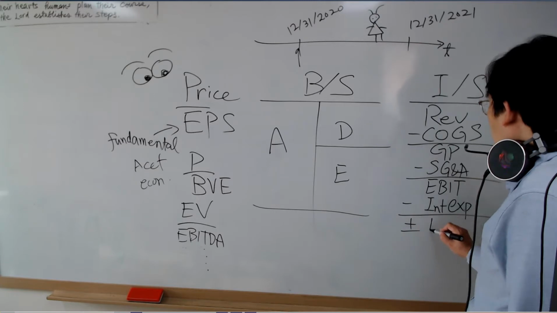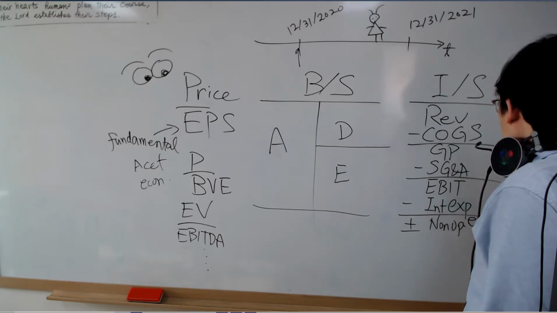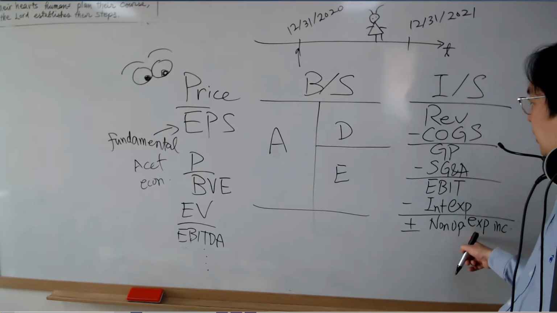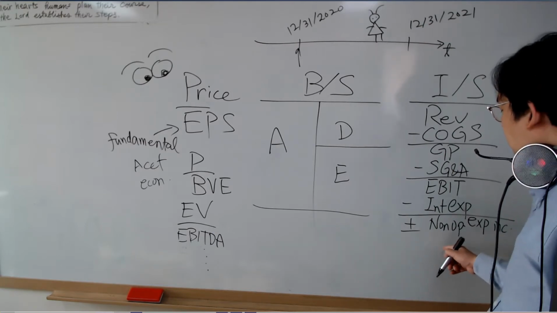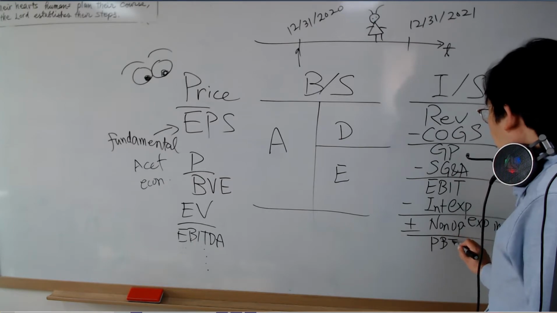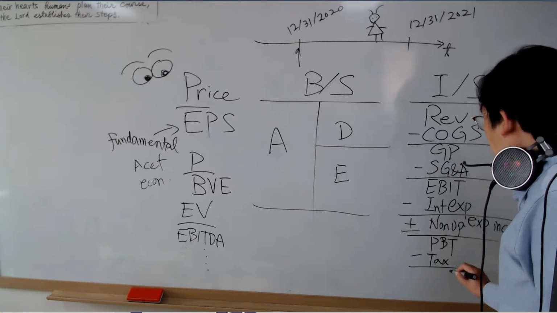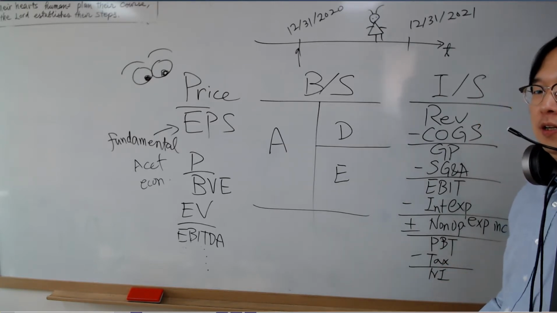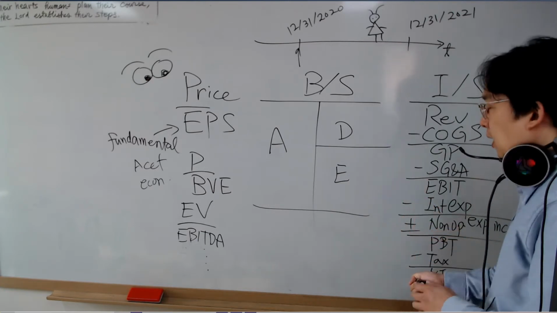Plus and minus non-operating expense and income, right? Non-operating side, for example, foreign exchange, plus and minuses, and then you get what? Profit before tax, and then you subtract out the tax, and then net income. Finally, right?